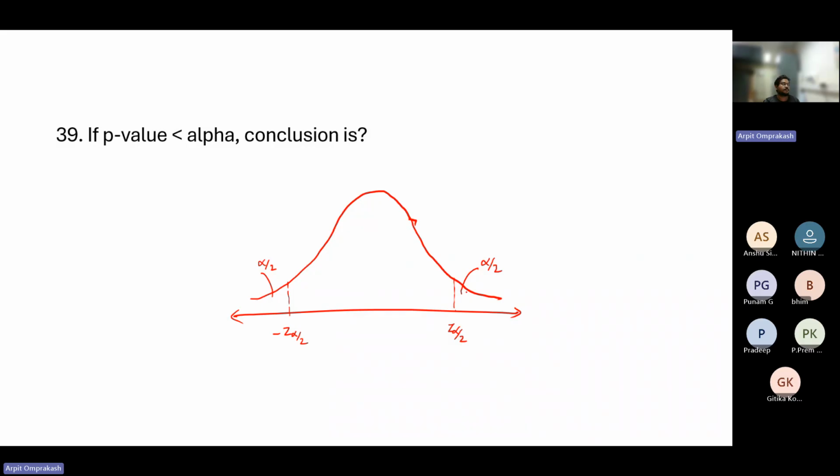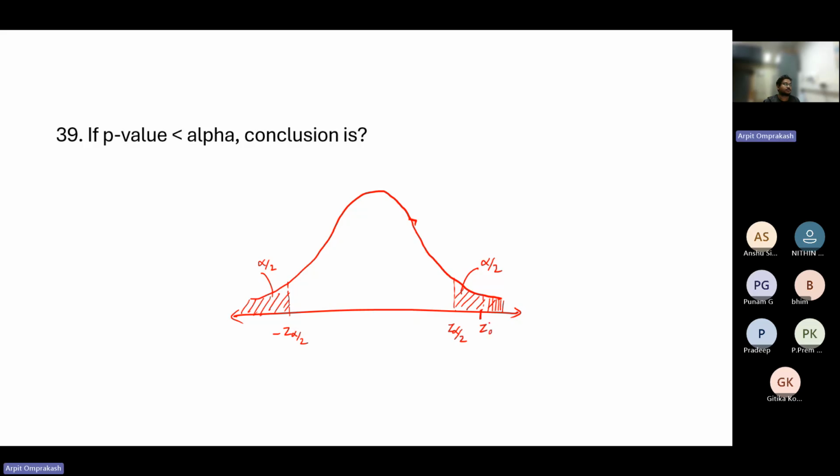So basically, both of these terms, you can think of them as areas under the curve. So our alpha value is basically this area plus this area. So the total area that is beyond these critical points. And if your p-value is less than this, that means your p-value occupies less area than this. That means your z value is somewhere here, and therefore your p-value occupies only this much area, right?